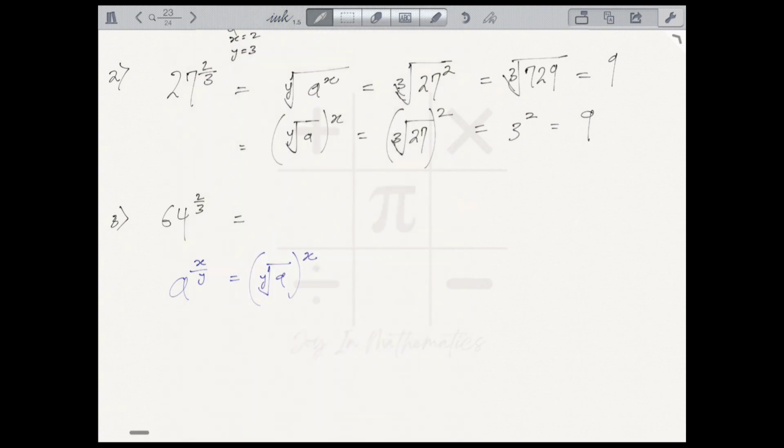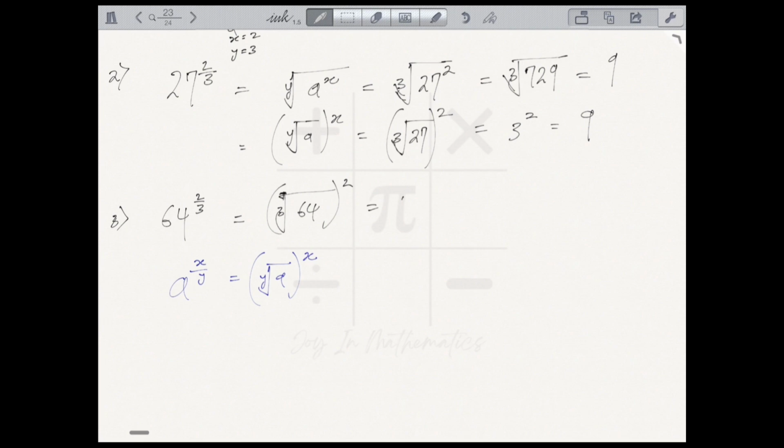This gives us the cube root of 64, all squared. What number do we multiply 3 times to give us 64? That is 4, because 4 times 4 times 4 gives us 64.